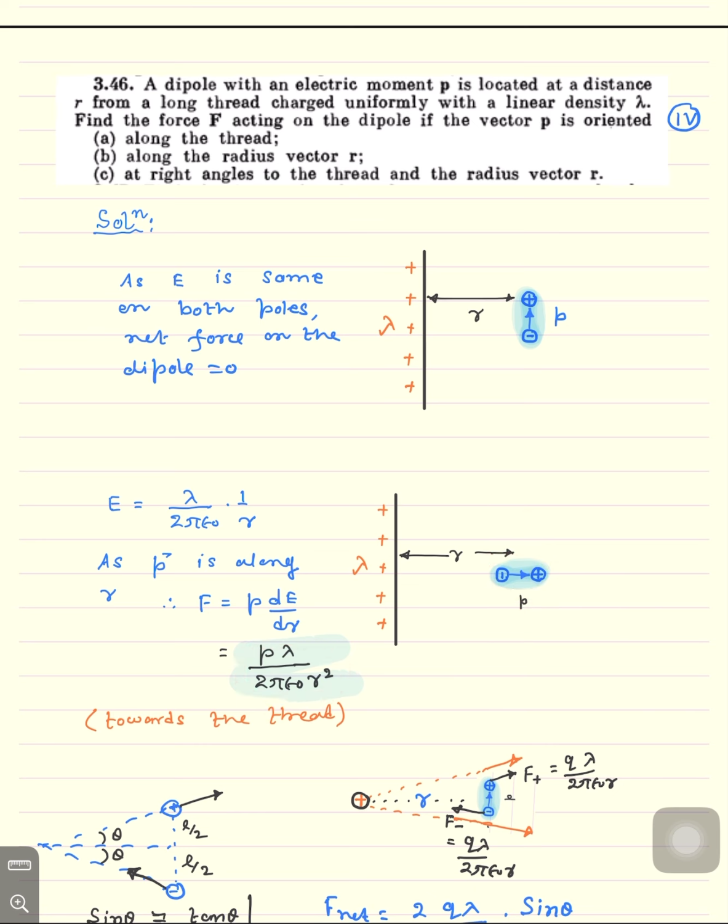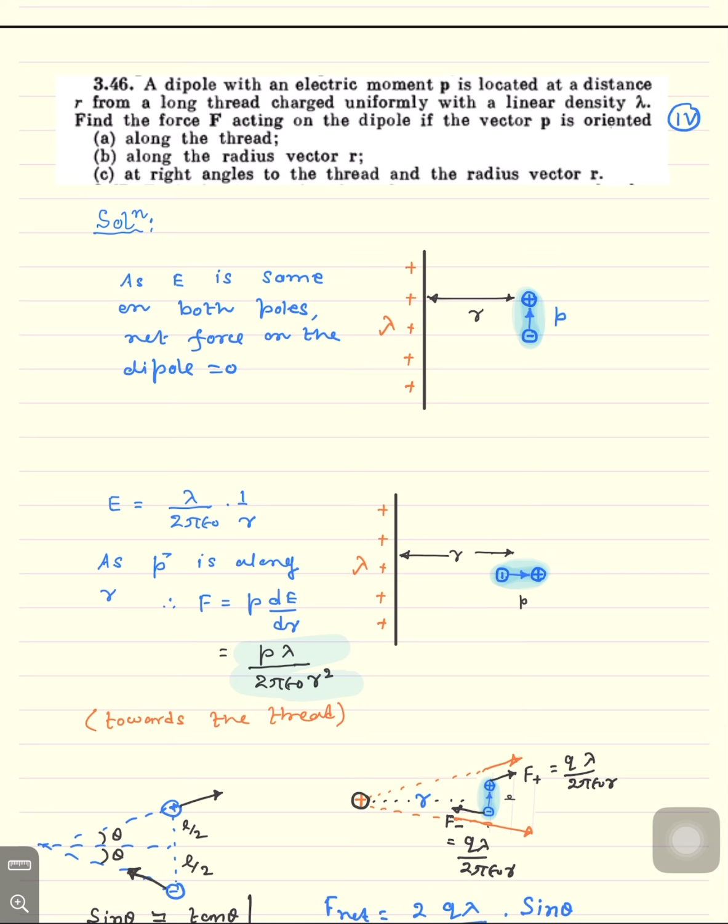Now the third case is a tough case. Here we have to find the force when the dipole is placed at a right angle to the thread and the radius vector. So the dipole is perpendicular to this radius and to the thread also.